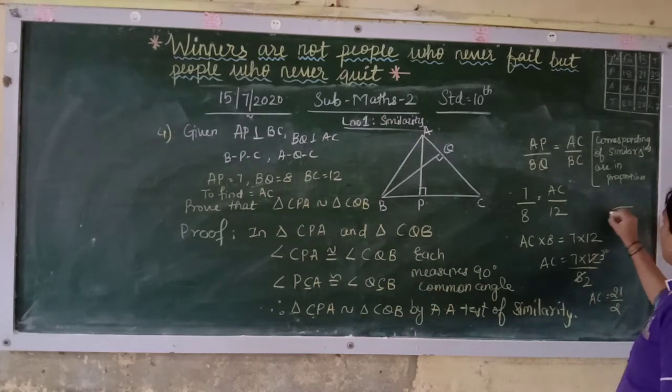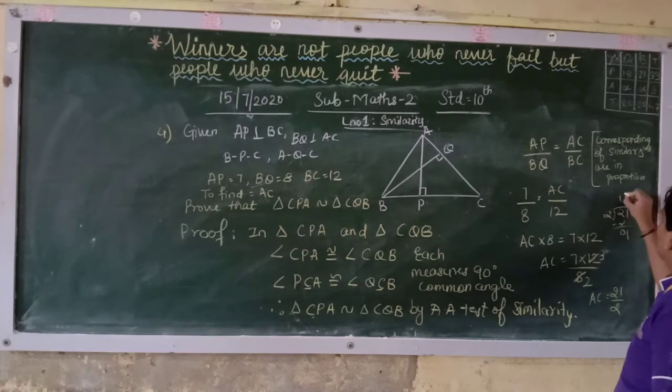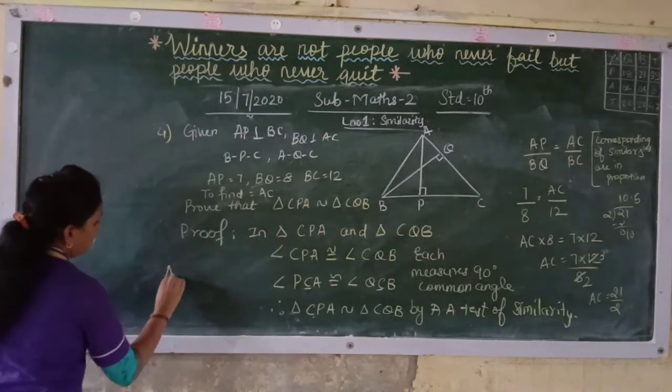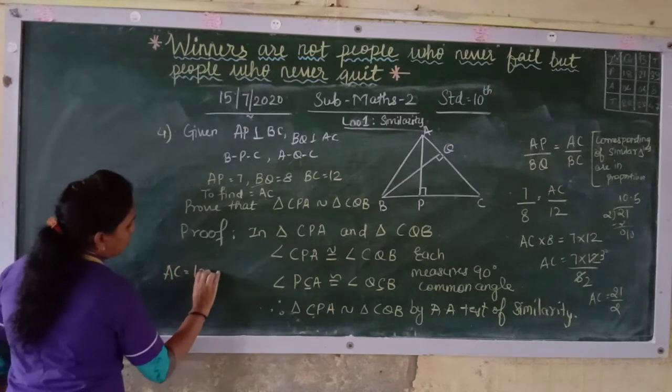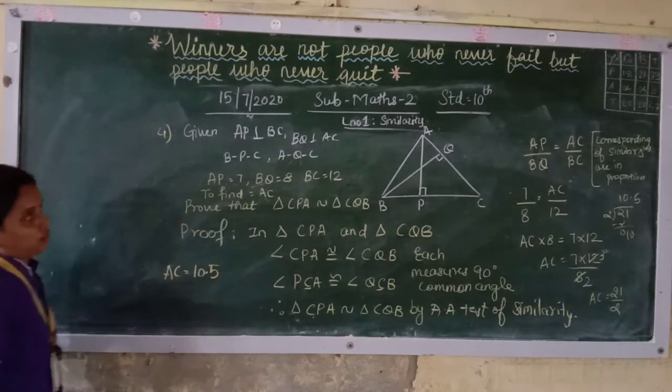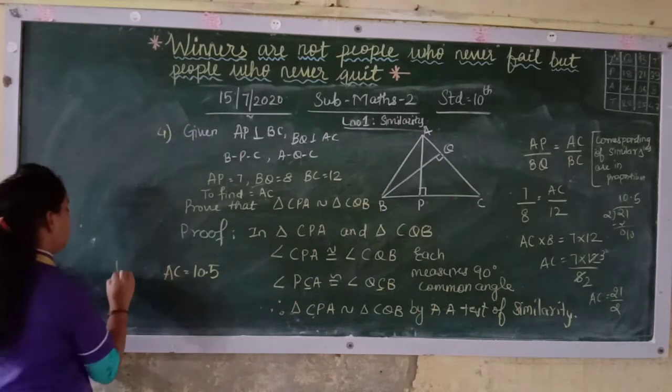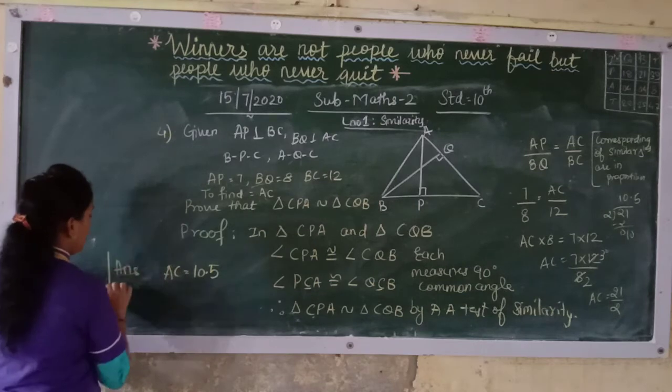So if you divide 21 by 2, you will get 10.5. So AC value you are getting, AC is 10.5. So this is the final answer.